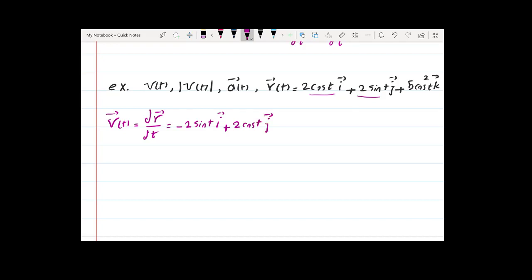The derivative of cosine squared of t is negative 2 sine of t cosine of t, times 5 is negative 10 cosine of t sine of t, which is equal to negative 5 sine of 2t k.